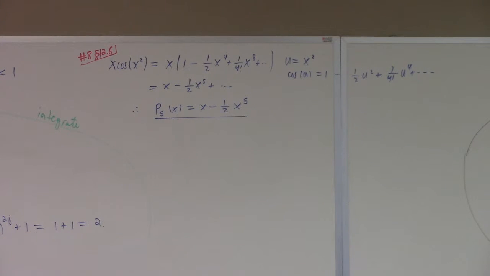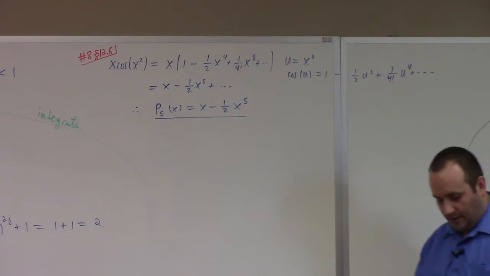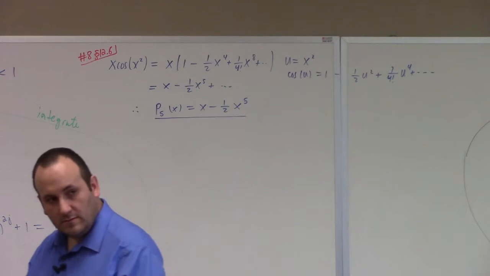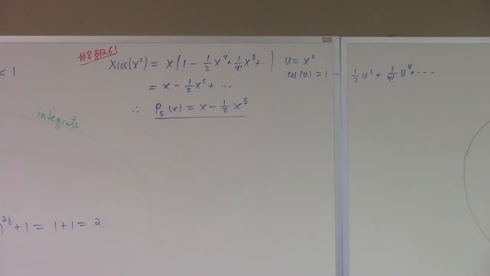Well, yes, very good. Indeed, cosine of x squared is an even function, true. But I'm multiplying that by x, right? So the net function there is odd. You'll excuse me if I eat a candy. It helps me not cough.